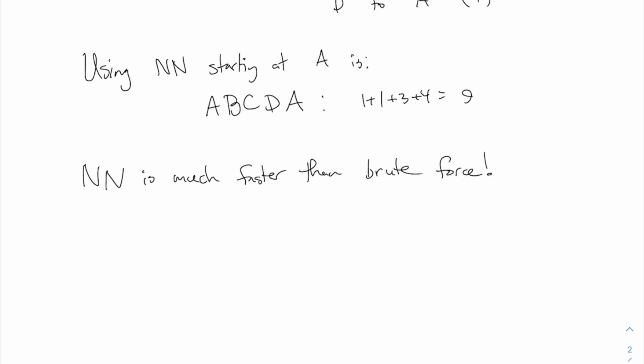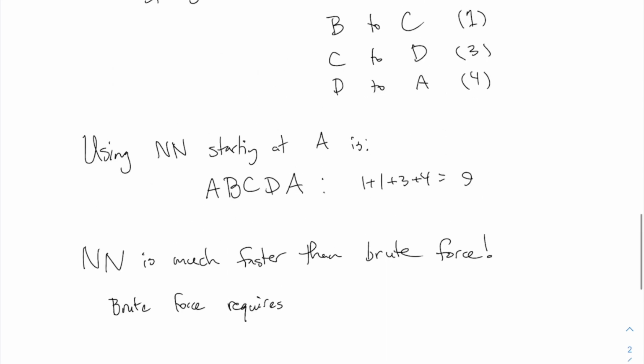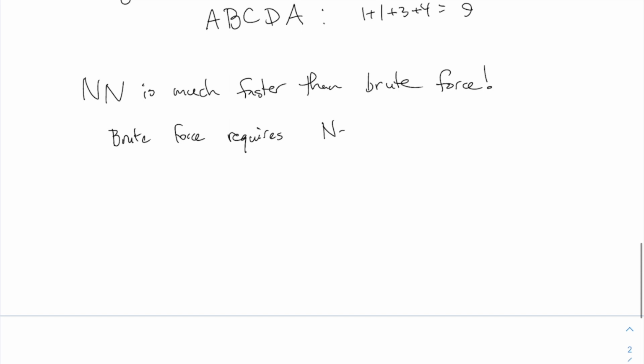In the brute force, you have to write down all possibilities, which requires something like n minus 1 factorial steps. You have to write down all possible rearrangements of the letters, all possible Hamilton circuits, which is a lot. It's a factorial, which is very, very big for large graphs.